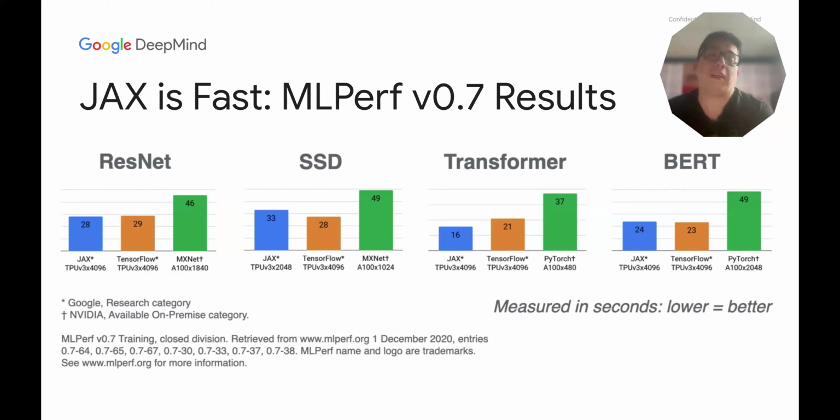For each of the algorithms that we can find in deep neural networks, here the implementation of a ResNet, a single shot detector, a transformer, or a BERT model, if you write in JAX and run on a TPU, you're going to find that it's extremely fast and very similar to other frameworks. If you compare to TensorFlow, to MXNet, and even to PyTorch, you're going to see that JAX, on average, is one of the fastest frameworks that you can find.